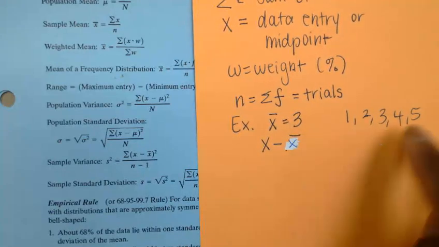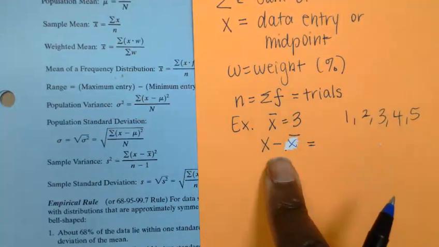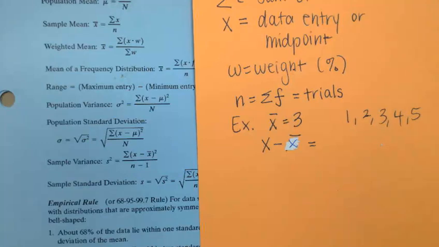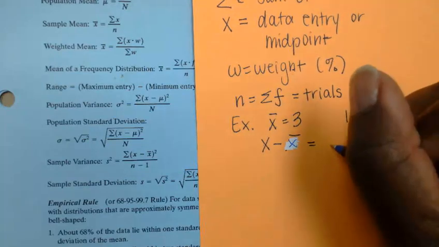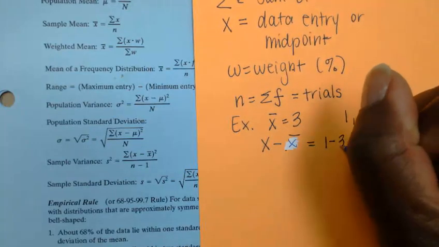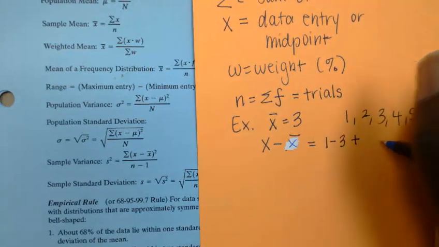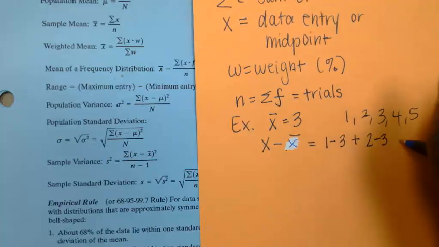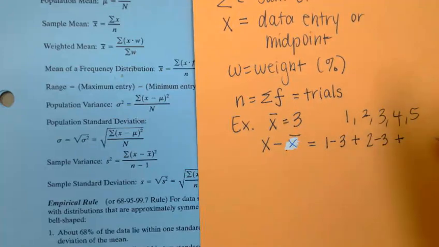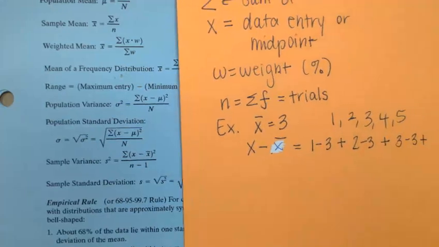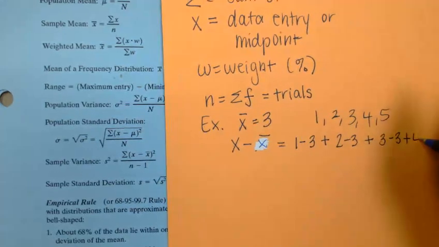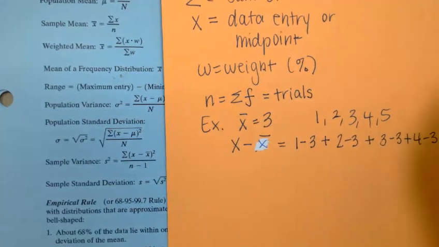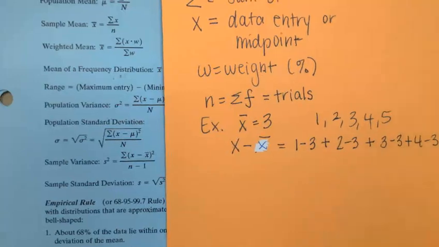So that means I have to take each and every one of these first and square it. So that's 1 minus 3 plus 2 minus 3 plus 3 minus 3 plus 4 minus 3 plus 5 minus 3.